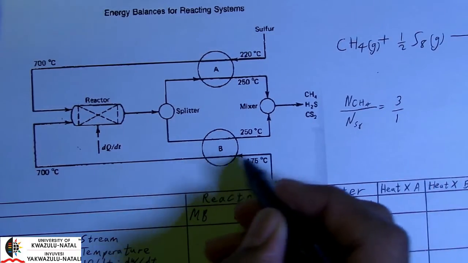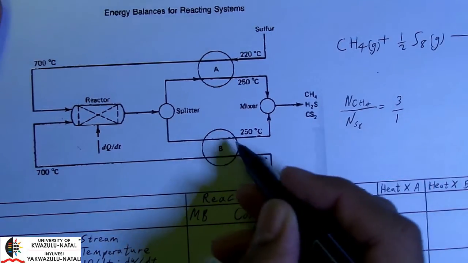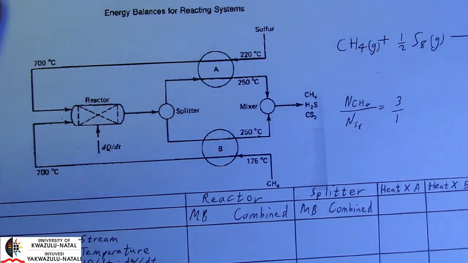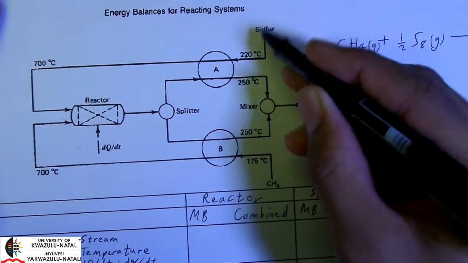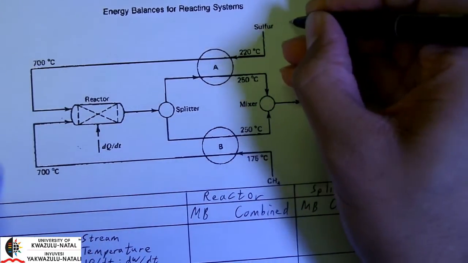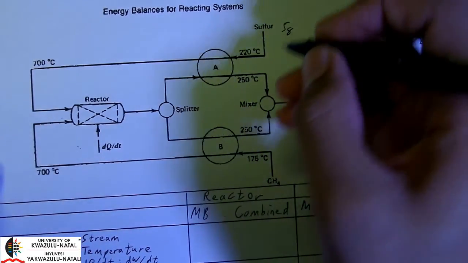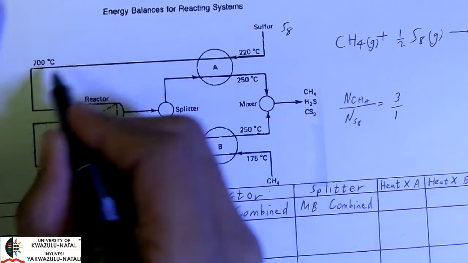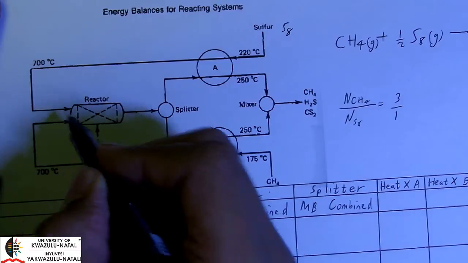It's going through a heat exchanger B, and getting heated up to 700 degrees Celsius. We also have sulfur coming in, so that's S8. Okay, and we know the temperature of the input, and it's also being heated up to 700 degrees.